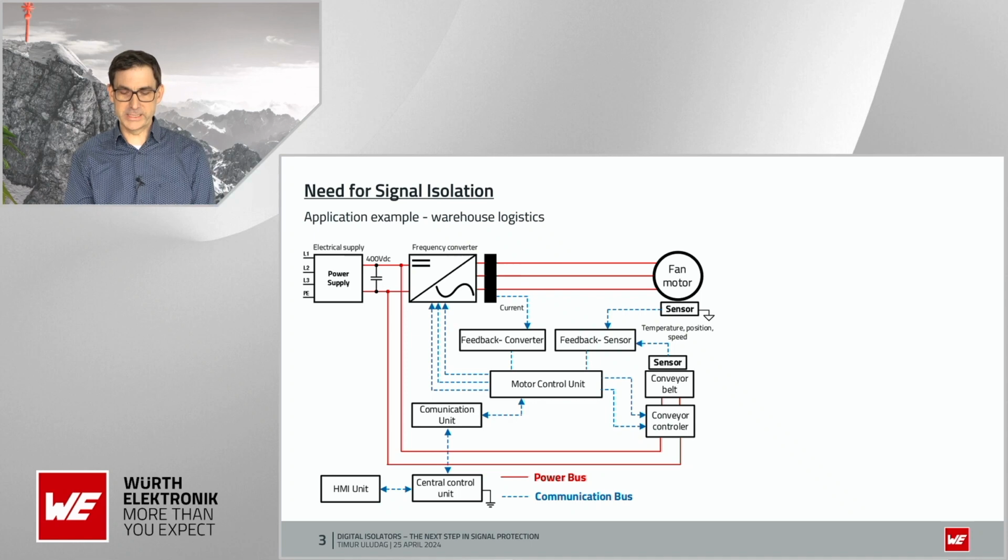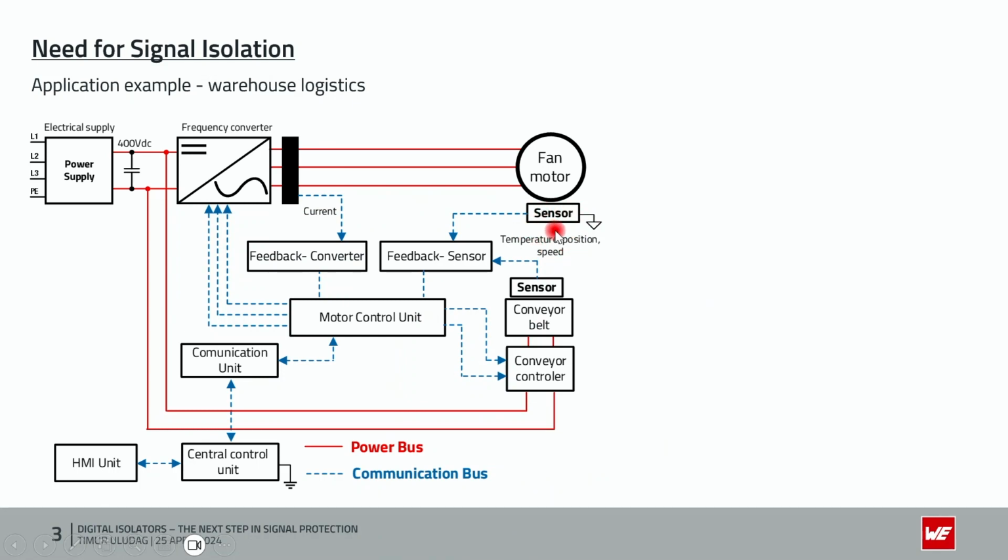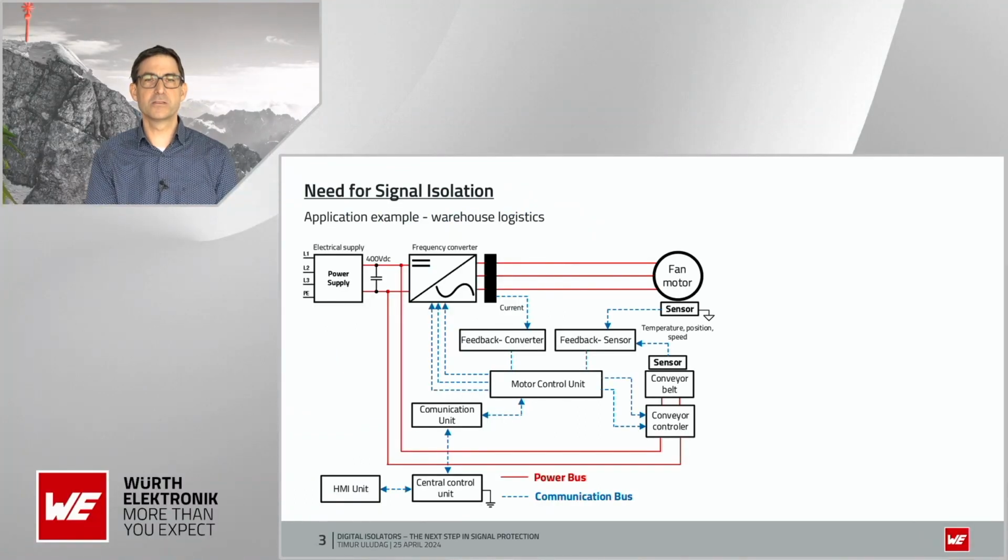You have sensors that get all the parameters like temperatures, position, and speed, and all the data will be forwarded down to the central control unit. And also you have a lot of interference sources like transients, strong magnetic fields, and a lot of distortions.